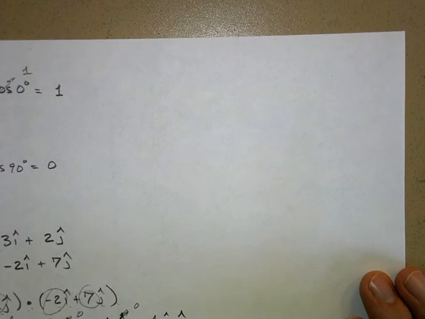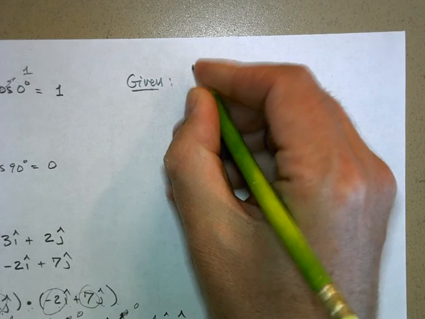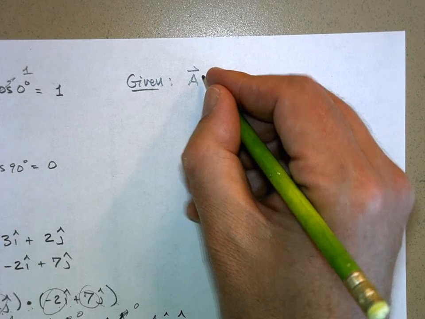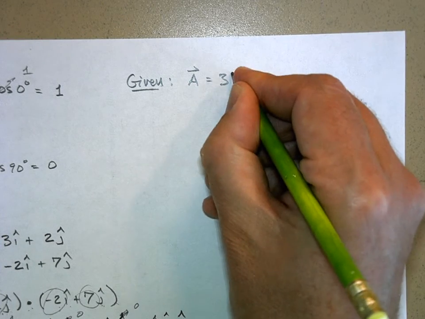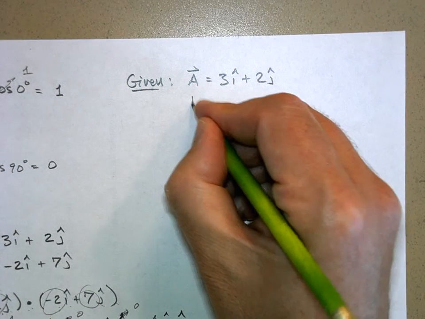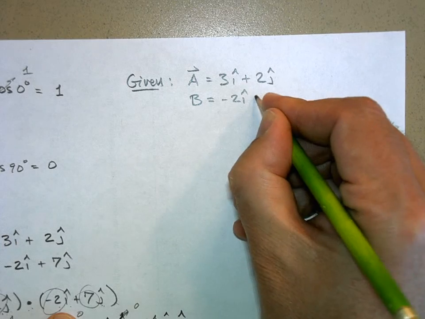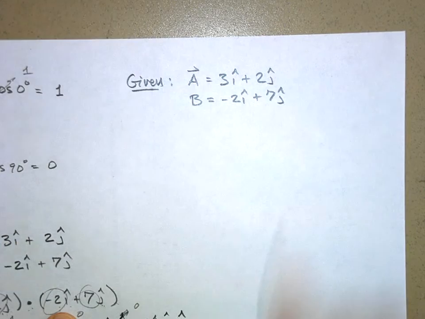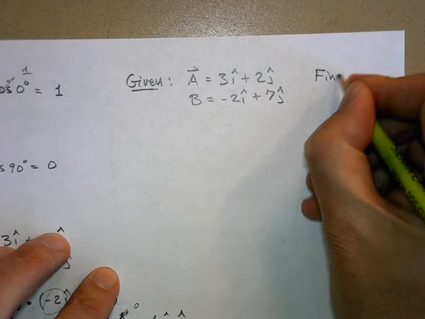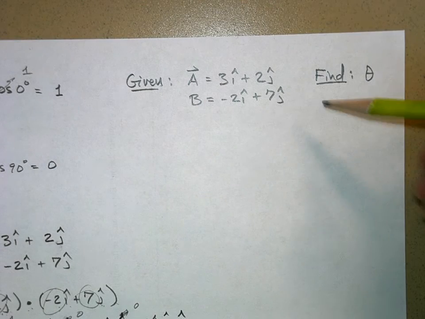Let's say vector A is 3i plus 2j, and vector B is negative 2i plus 7j. And maybe what you're trying to find is theta, where theta is the angle between these two vectors.